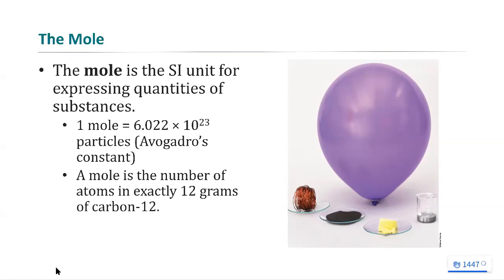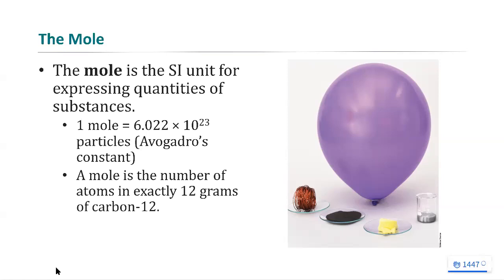By definition, 1 mole was defined as being the exact number of particles in 12 grams of the carbon-12 isotope. That's how we came up with the definition of what the AMU was, because we looked at how much one atom of carbon-12 weighed. This is how we're also defining the mole.